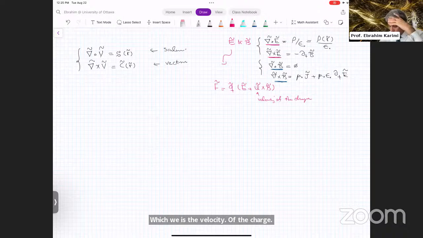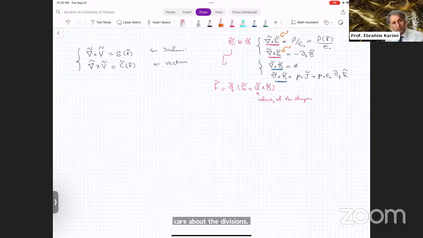And then I can find out what is going on with the force on a particle, and then I can find the trajectory, and I have almost everything about that. But going back to the question that I asked, why do we always care about the divergence and the curl?